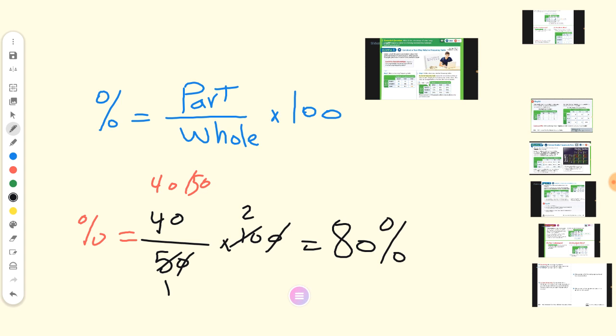So this is how to calculate any number and convert it to its percentage. We take the number over the whole number, multiplied by 100. That's it. This is what we will do now with the example.